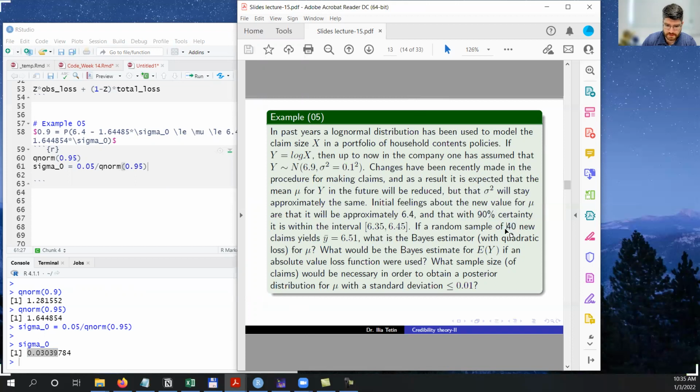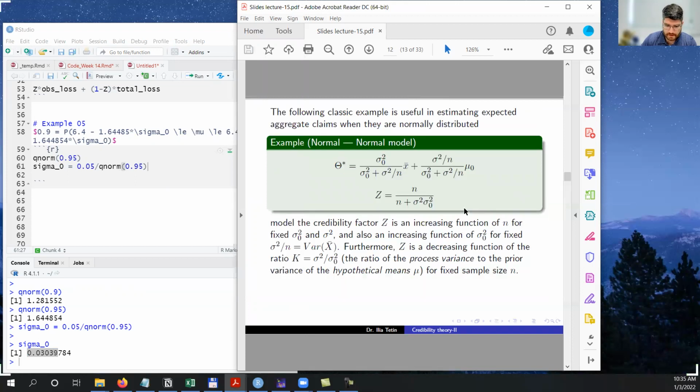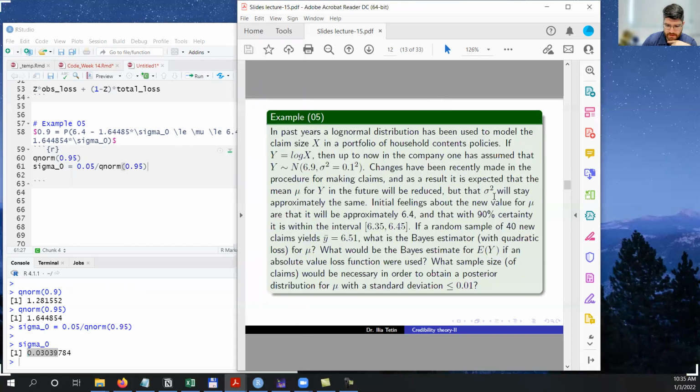So 40 is n. Mu 0 is given, 6.4, our estimate. What will x bar be? I think this should be 6.51.